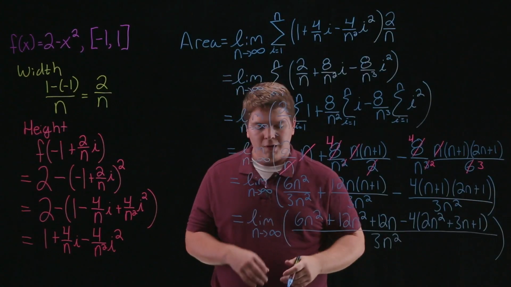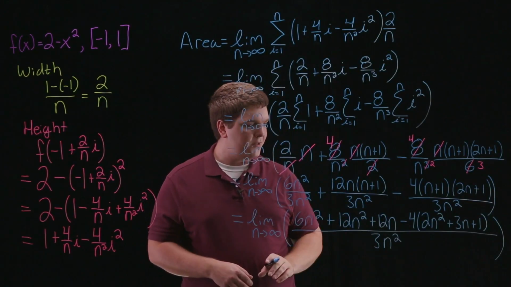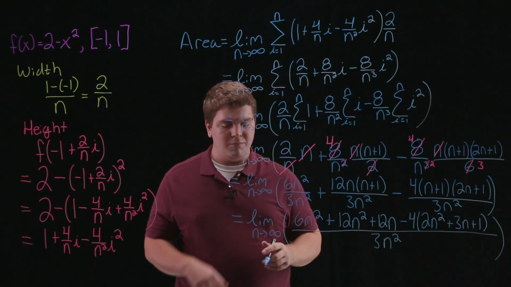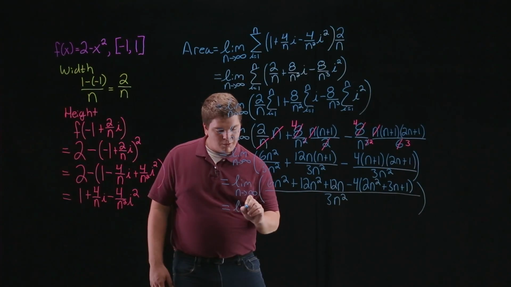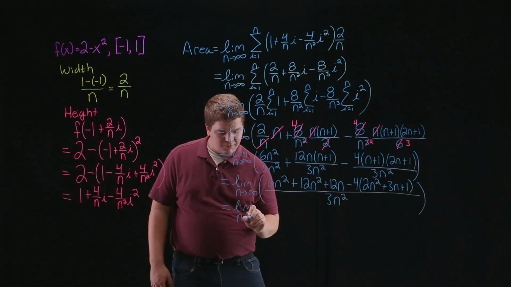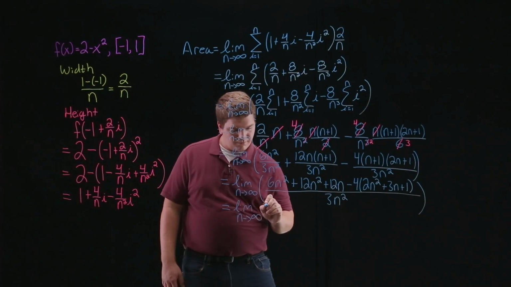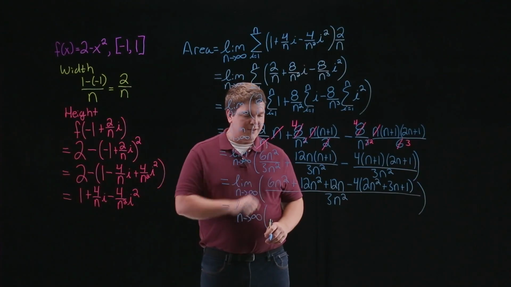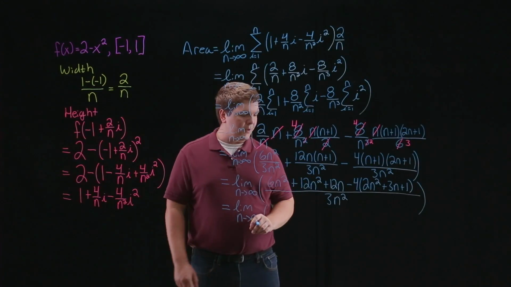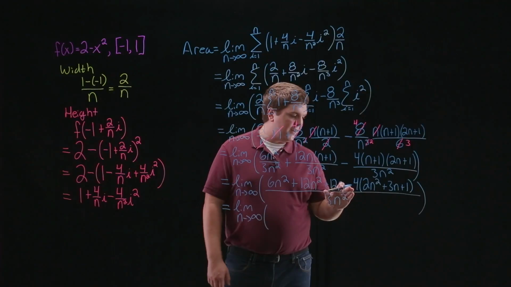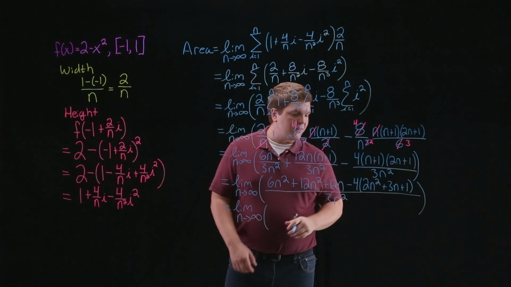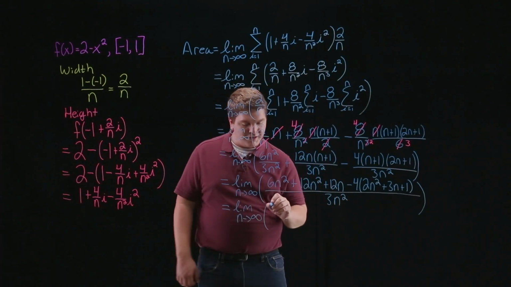So finally, we can combine some terms up in this numerator, and we can get this simplified pretty nice. So what we're left with is the limit as n approaches infinity. We have a 6n squared plus 12n squared, so that's going to be 18n squared, and we'll be subtracting an 8n squared, so that leaves us with a 10n squared.